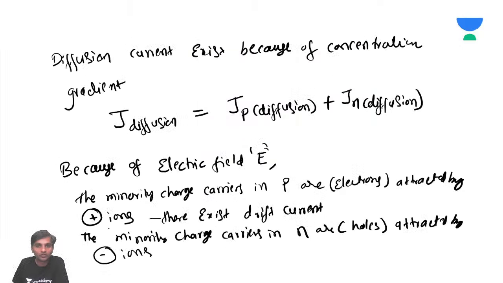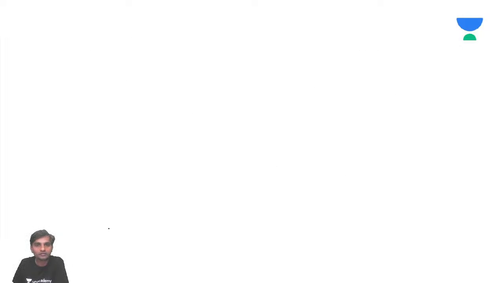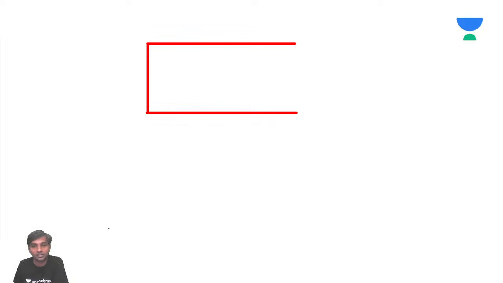If you want me to draw, I will try to draw again. Just to make you understand this, I am trying to do all these things, sir. Why is an open circuited PN junction electrically neutral?